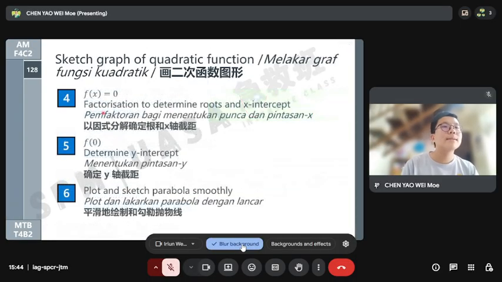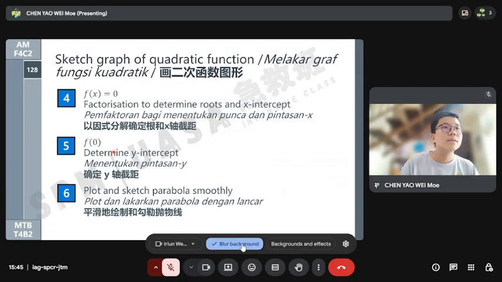We will do factorization to determine roots and x-intercepts because f(x) equals 0. Actually, when we do the factorization, that form we call the intercept form because our a is already gone. So no a beside here. We just remain with x minus p, x minus q.